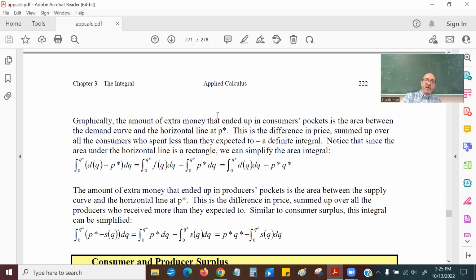Since the area under the horizontal line is a rectangle, we can simplify the area integral. So the integral from 0 to Q star is D of Q minus P star dQ. And what's D of Q?